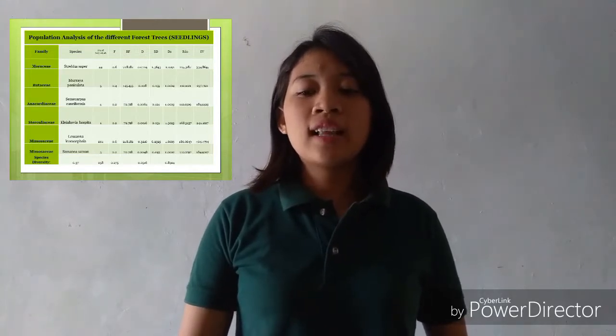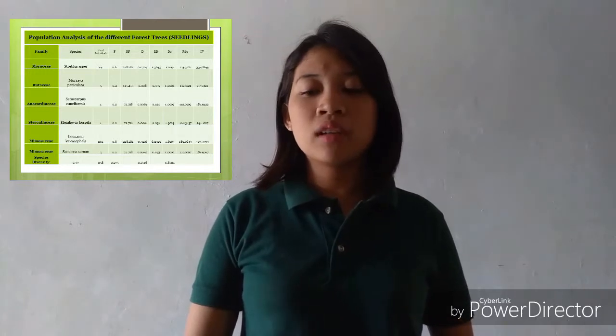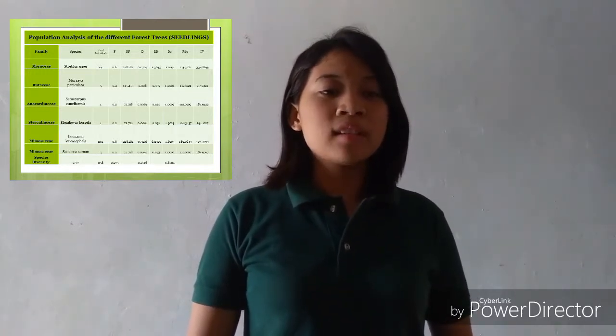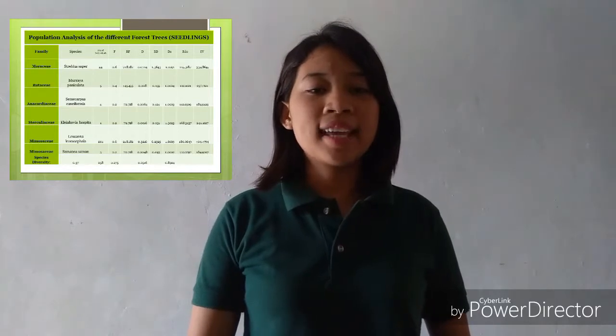For the relative dominance, Leucaena leucocephala obtained the highest computed relative dominance of 180.0649, while the lowest computed relative dominance was attained by Samanea saman, having a value of 112.0797.